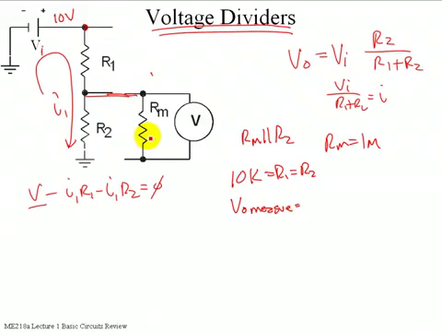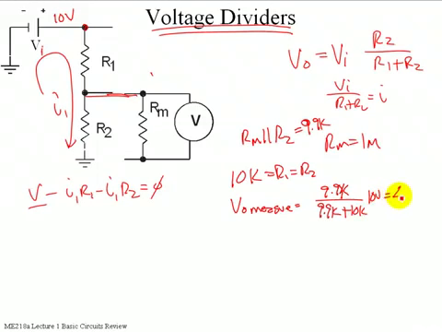The equivalent resistance of R2 and RM in parallel. So I'll give that to you. That's 9.9K. And then if you use the voltage divider law that we derived earlier, it'll be 9.9K divided by 9.9K plus 10K, all that multiplied by 10 volts.